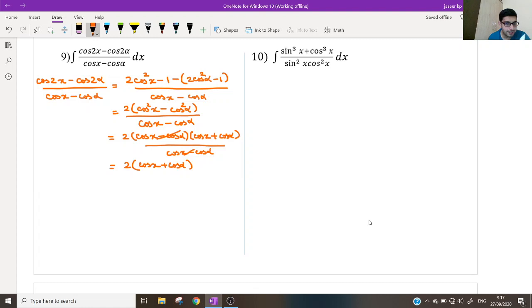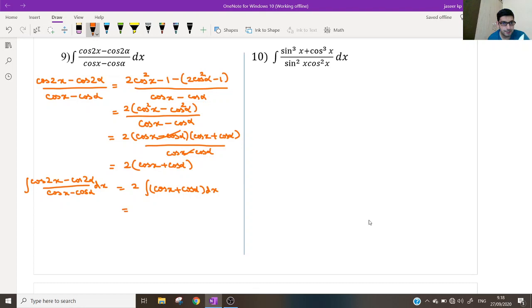So now let us integrate that. Integral of cos 2x minus cos 2 alpha by cos x minus cos alpha dx, that we simplified to 2, which we will take outside, times cos x plus cos alpha dx.